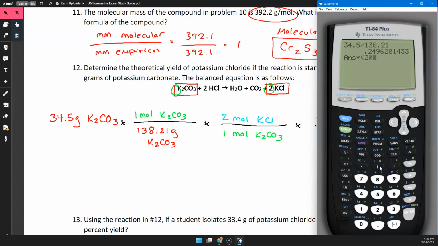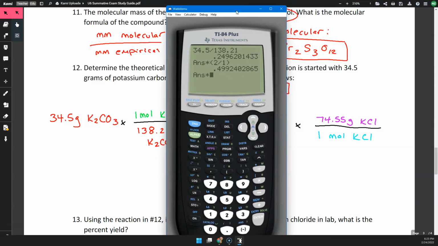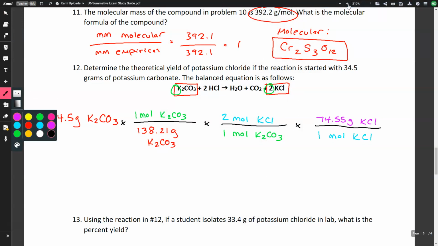So 2 divided by 1. And then we finish this off by multiplying by 74.55 because it's in the numerator. Okay, so there's our answer. We're going to round this to 3 sig figs. So in rounding this to 3 sig figs, we get 37.2 grams of potassium chloride.